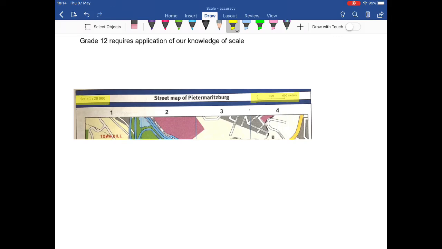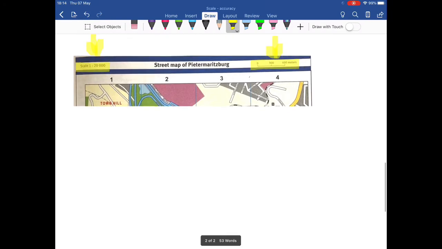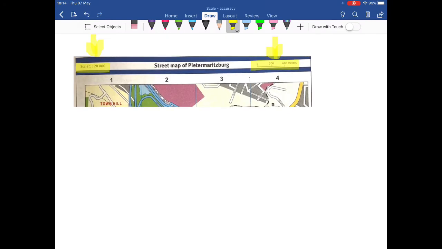So what we have to do, we have to work with one of these to be able to compare the two. We need to compare apples with apples. So we've just revised how to take a bar scale and convert it to a number scale. So that's what we're going to do in this instance as well.